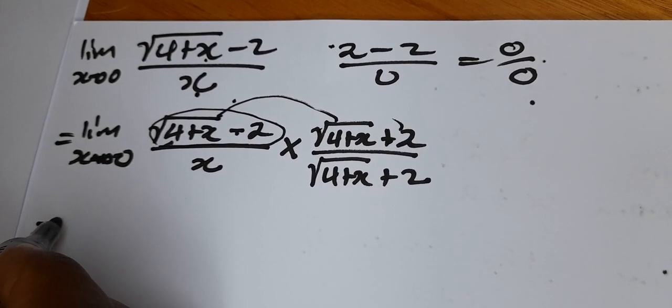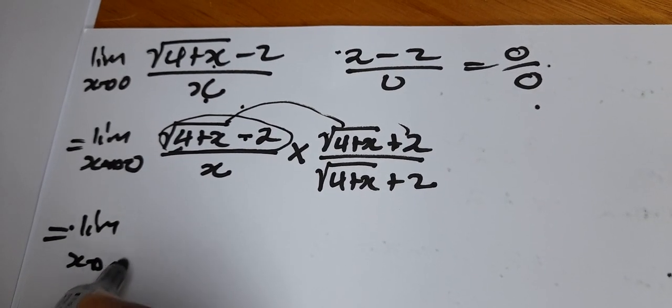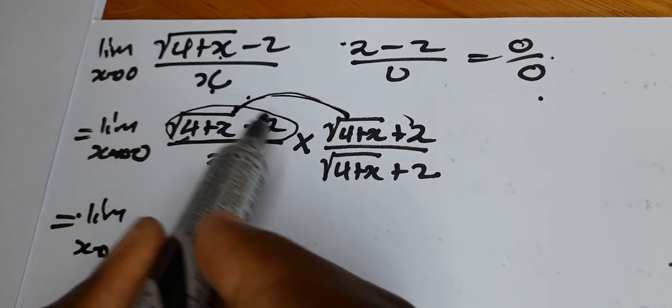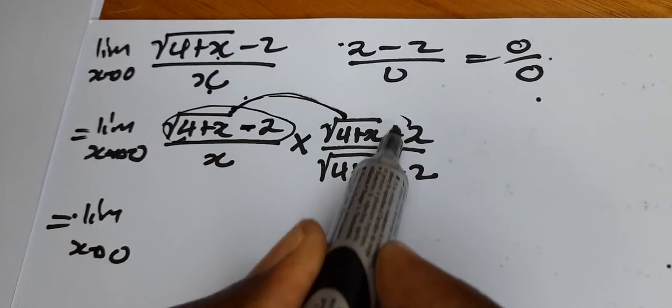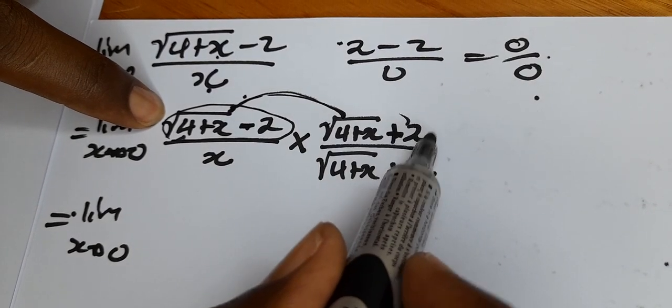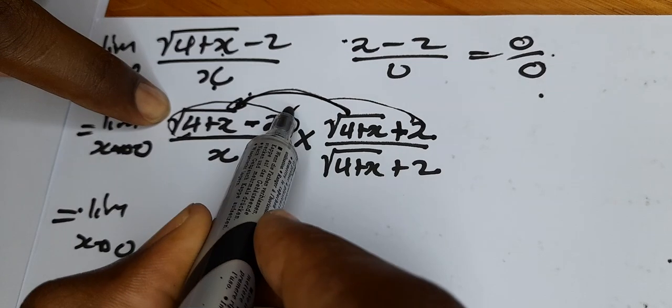So as a result, we are going to have the limit when x approaches 0. This multiplied by this. You can see here we have minus and here we have positive. That means this one is a difference of 2 squares. We are going to just multiply this one and multiply that one.